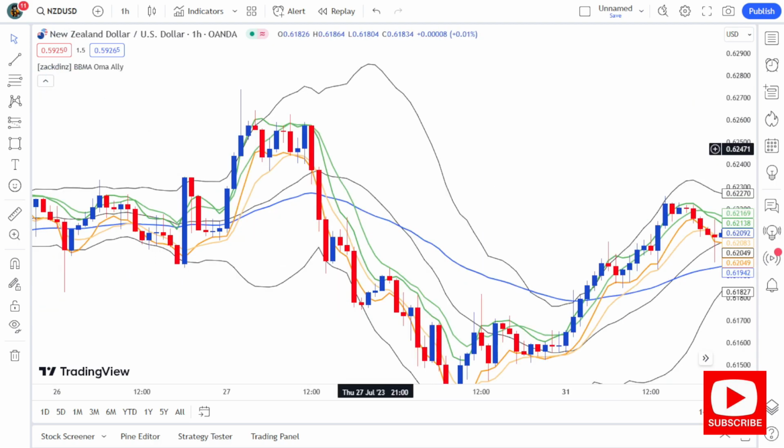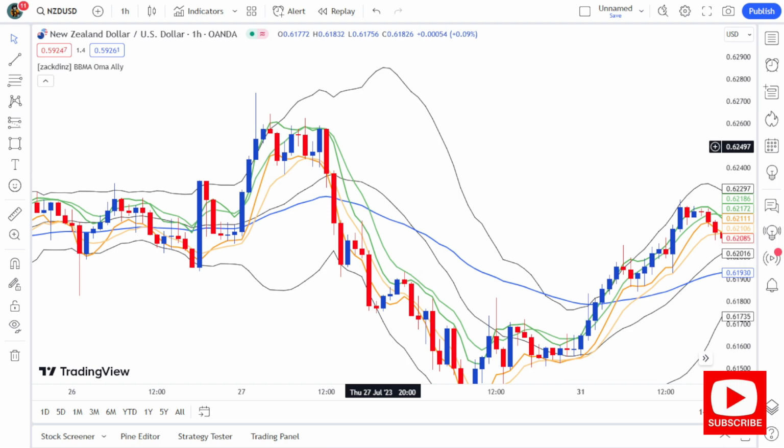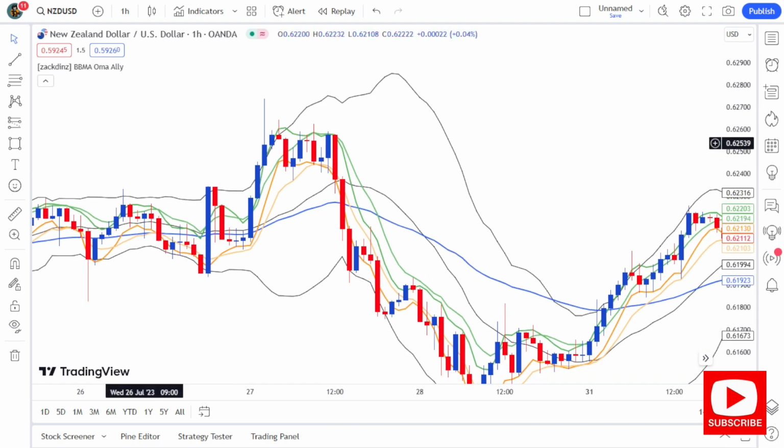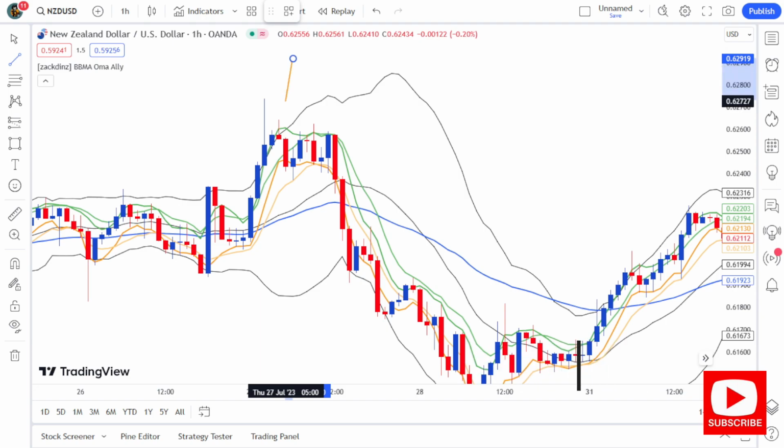So I want to use this medium to talk about the conditions in the BBMA strategy. The first condition we are going to be talking about is called the extreme. Now, what is an extreme? It's simply when the moving average 5 high closes above the top Bollinger Band in an uptrend, while in a downtrend, the extreme is when moving average 5 low closes below the bottom Bollinger Band.